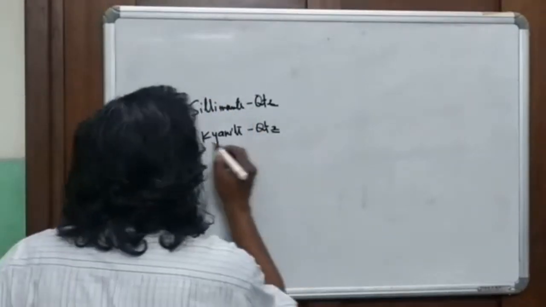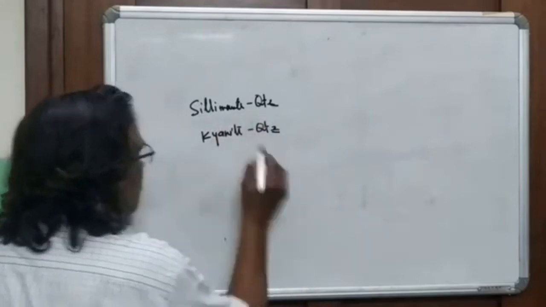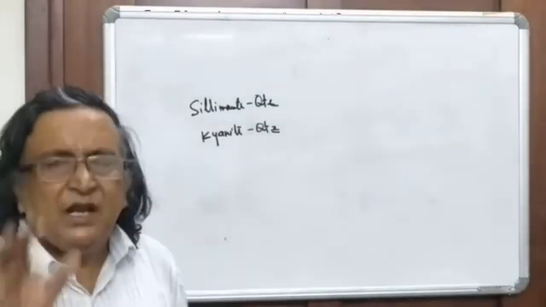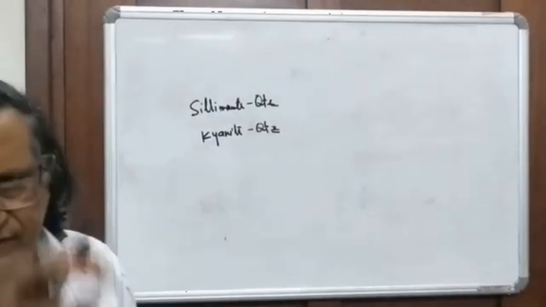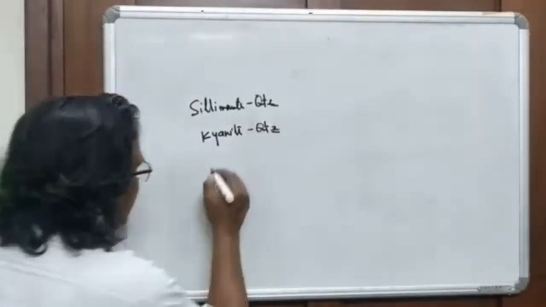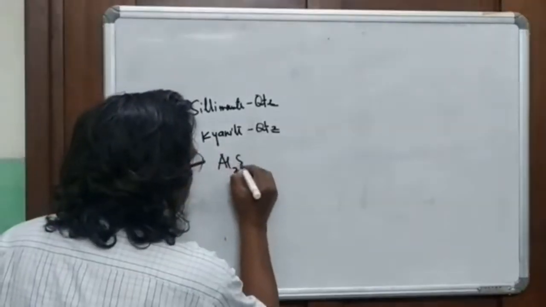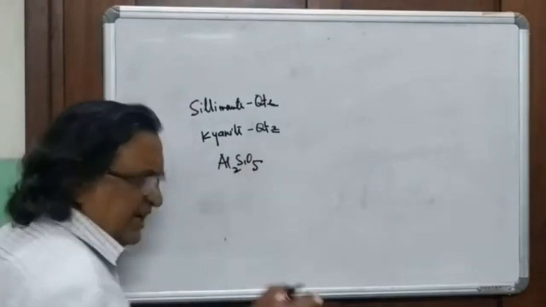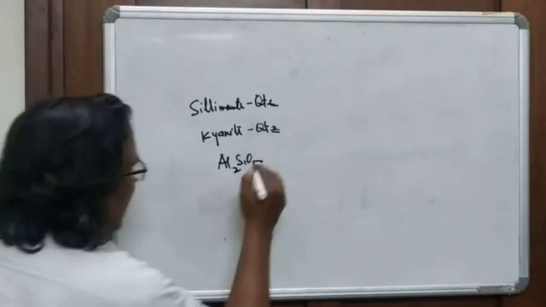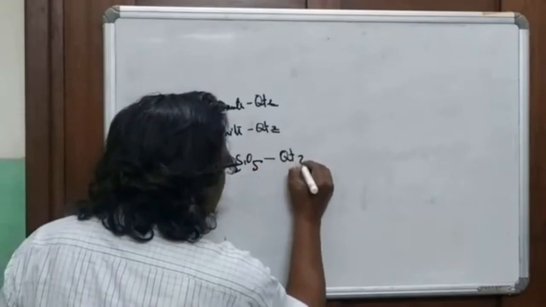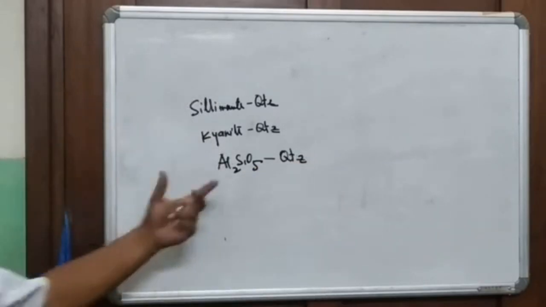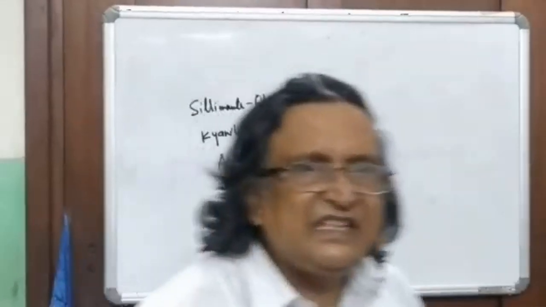Whether it is sillimanite or kyanite does not matter. Let's say the formula is Al2SiO5. It's an aluminosilicate, and you have quartz. So now you have a two-phase system.